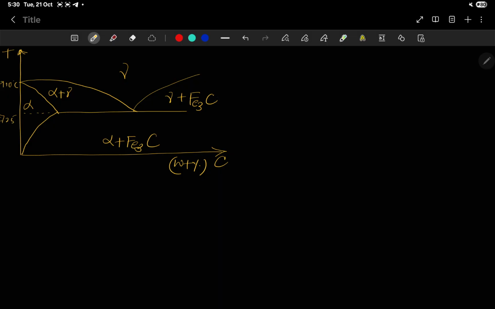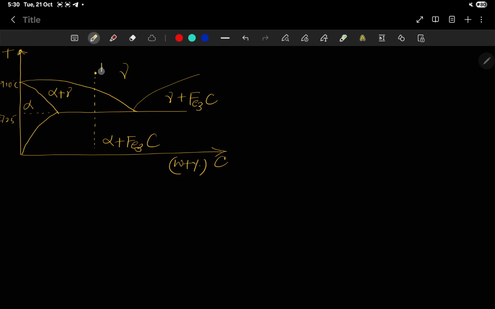Now let's try to draw 4 points in the hypoeutectoid region. Okay, it will be at the same composition.